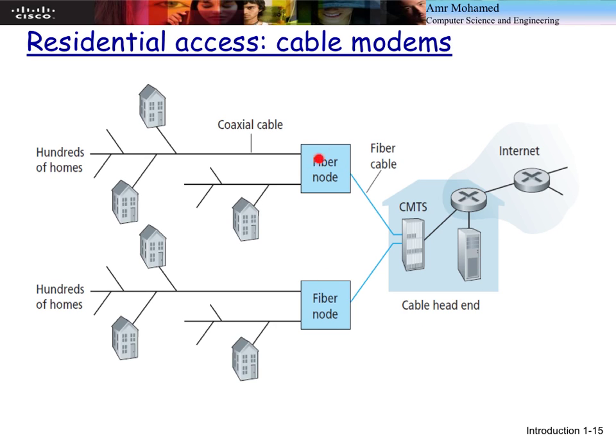And then you have this fiber node, or what we have named the neighborhood junction, which converts the light signal that comes from the fiber to an electric signal that goes through the coaxial cable. From there, it goes to all the users in a shared access fashion. And you can have here up to 5,000 users.